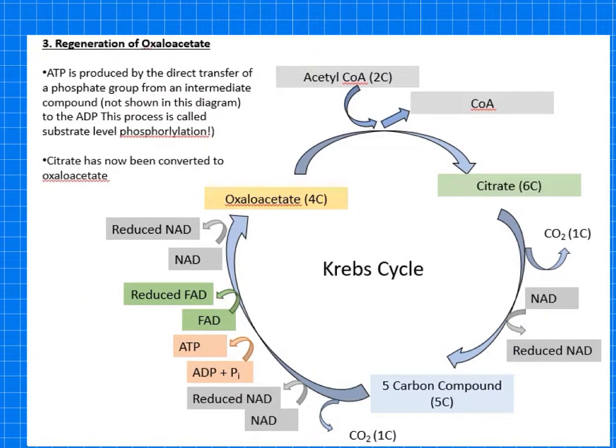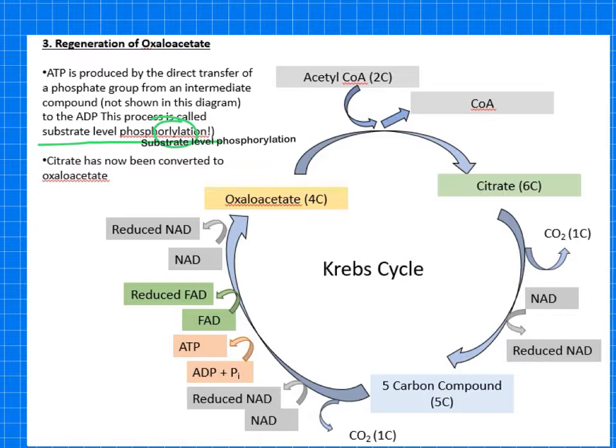Now, the ATP is produced by the direct transfer of a phosphate group from an intermediate compound that's not shown to the ADP. So this is called, and it's very important you remember this, substrate level phosphorylation. Unfortunately, there's a spelling mistake there, so I'm going to spell it correctly. So substrate level phosphorylation is basically just the addition of a phosphate group to ADP.